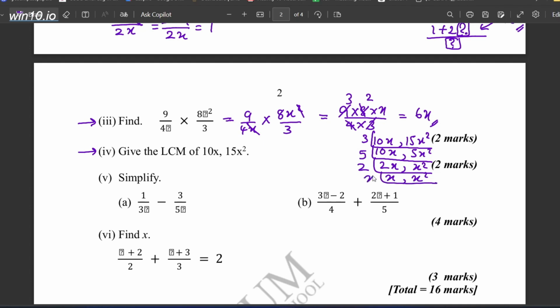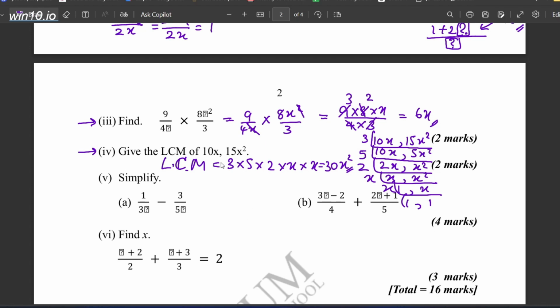Now we divide by x: 1, x. Again with x: 1, 1. So this is the LCM of these two. So 3 times 5 times 2 times x times x. Then 15 times 2 is 30. 30x squared is the answer.